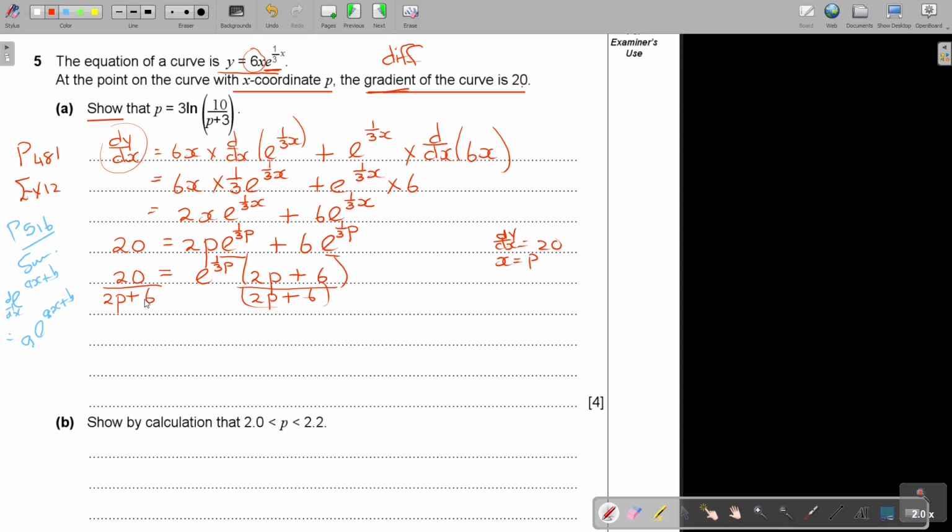Okay, so what can I do now? I can say e to the power of 1/3 p, and it's 20 over 2p plus 6.